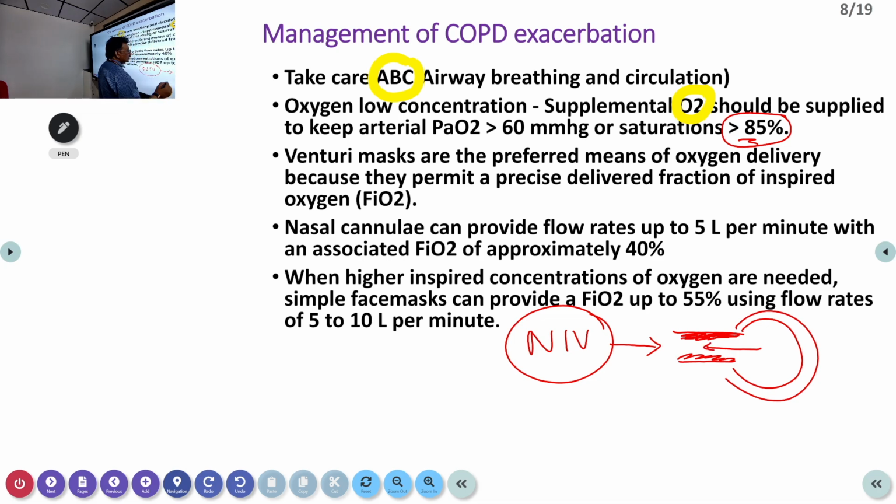So NIV gives air containing oxygen inside in a forceful manner, so that collapsed alveoli will be opened and air can go inside and outside without any problem, because we are setting inspiratory pressure and expiratory pressure there.